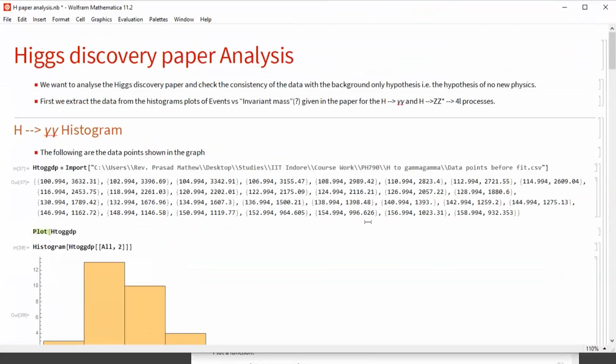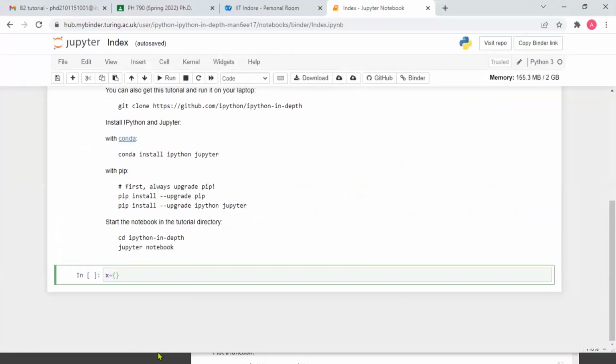So that's 100 to 159. I think it's better I just enter the values later.